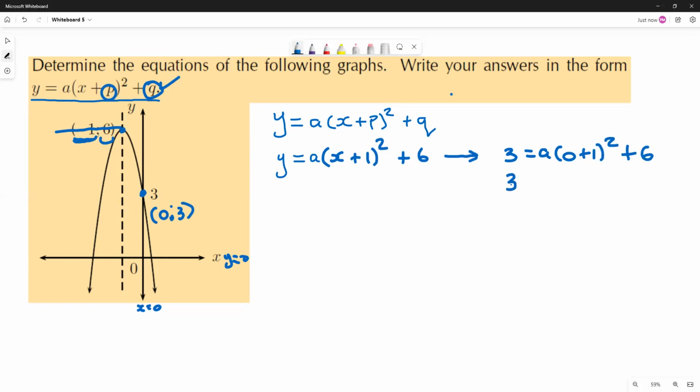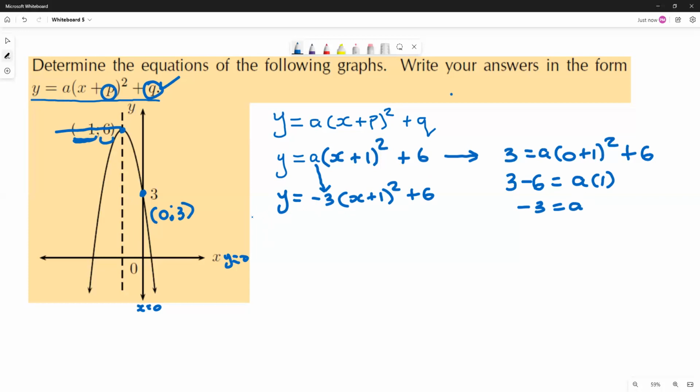Which is 3 minus 6 equals a to the power 1, because when you square this bracket, it will just be 1. The positive 6 becomes minus there. So you have negative 3 equals a, because a times 1 is a. Then your y equals negative 3(x plus 1) squared plus 6. I just substituted a by negative 3.